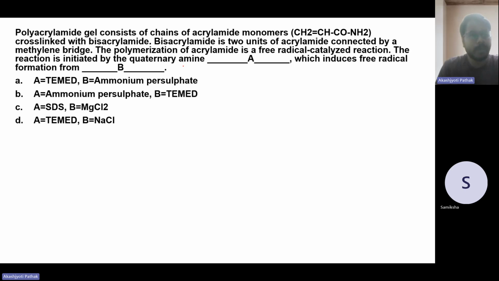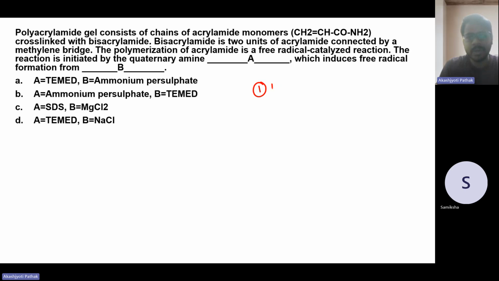But when you prepare a polyacrylamide gel, a chemical reaction takes place. It is a free radical catalyzed reaction, initiated by the quaternary amine, which induces free radical formation from APS. You have to remember the components when you prepare an SDS-PAGE.